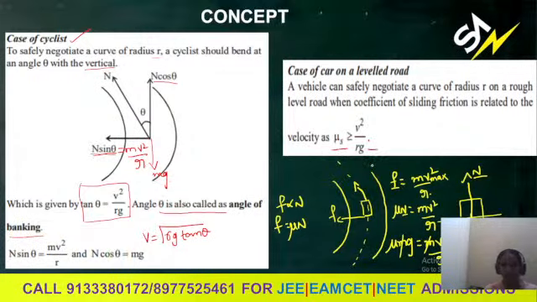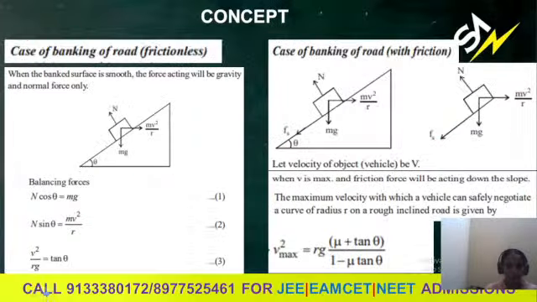What is the static friction, the coefficient of static friction between the tires of the car and the level track? It is greater than or equal to v square by rg. So from this we can write the maximum safest speed is root of mu rg. So this is the maximum speed he needs to maintain without sliding towards the center of the track. This is the case on a level road.